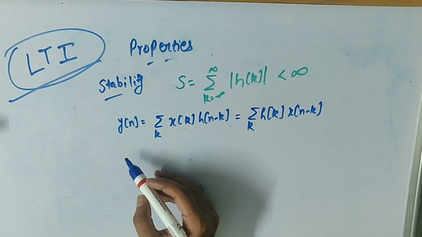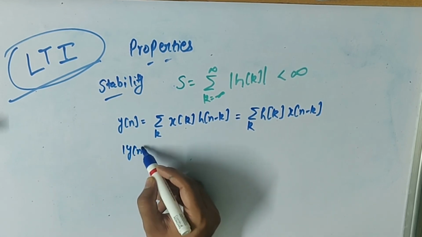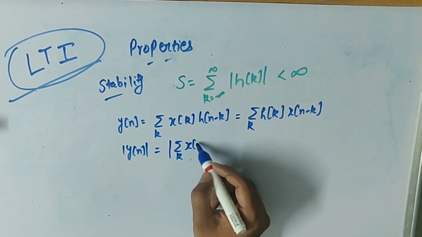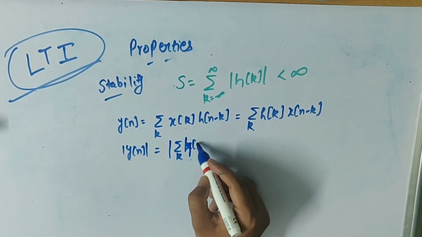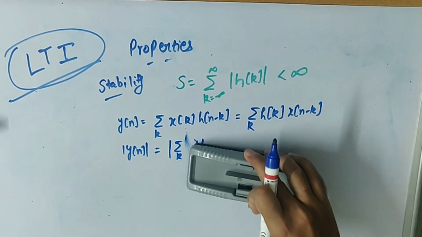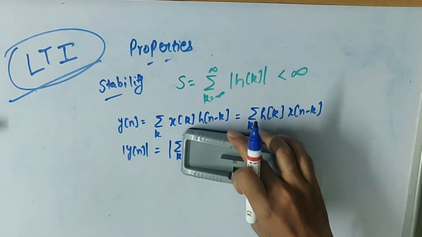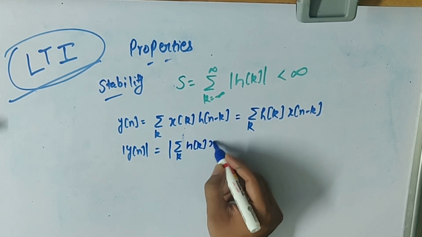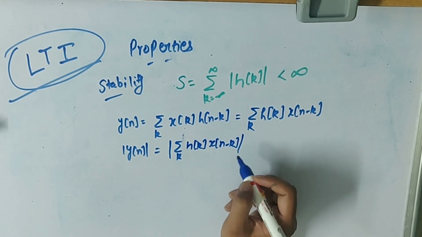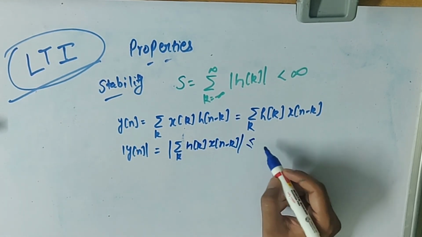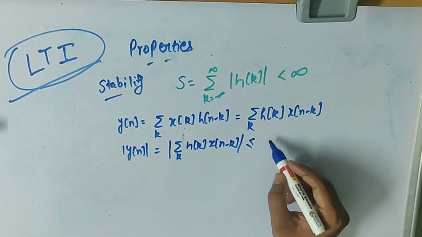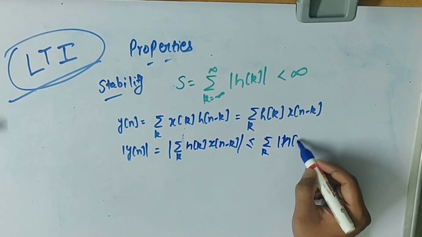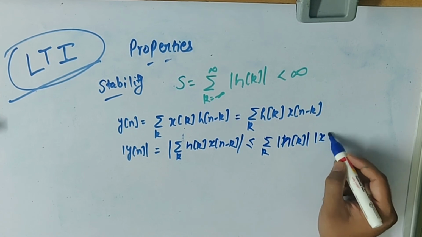Taking the absolute value of both sides, the absolute value of y[n]. From the Cauchy-Schwarz inequality, if we take the individual amplitudes' modulus, this can be written as this.